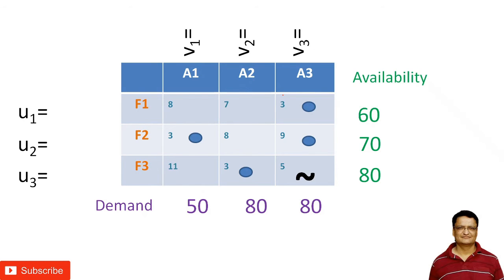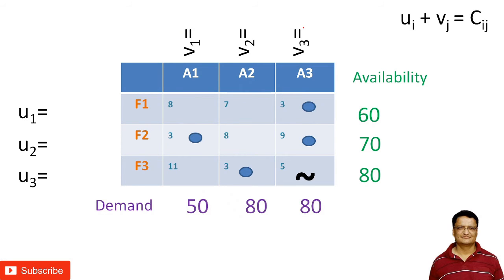Now we have to consider those cells which are occupied to calculate the values of u1, u2, u3 and v1, v2, v3. So there are 1, 2, 3, 4 and 5 occupied cells, and with the help of these cells we are going to calculate the values of u1, u2, u3 and v1, v2, v3.